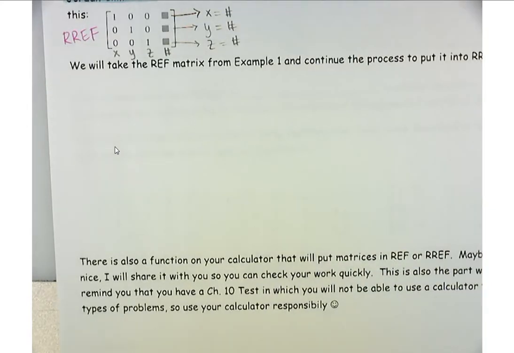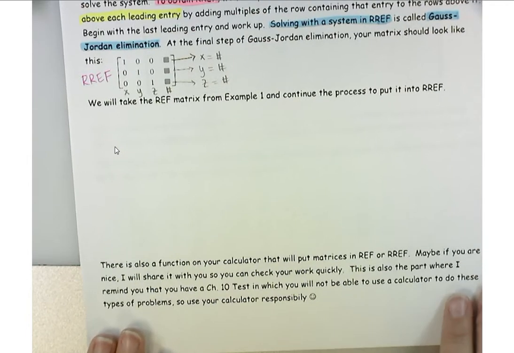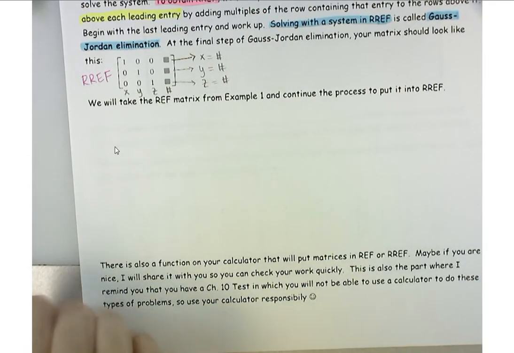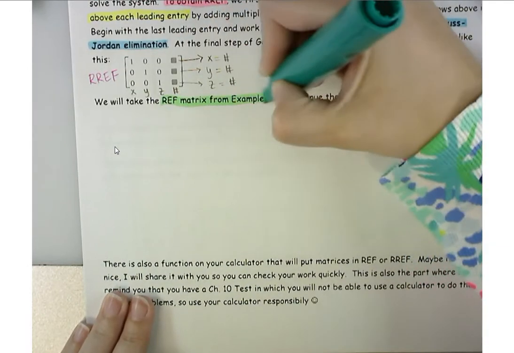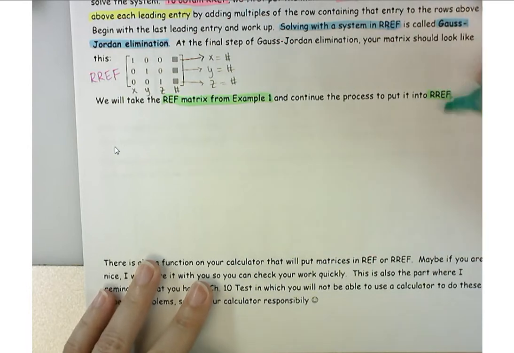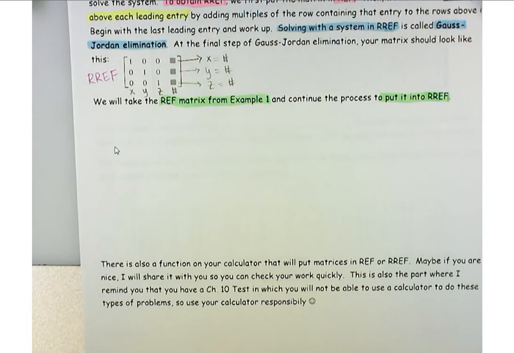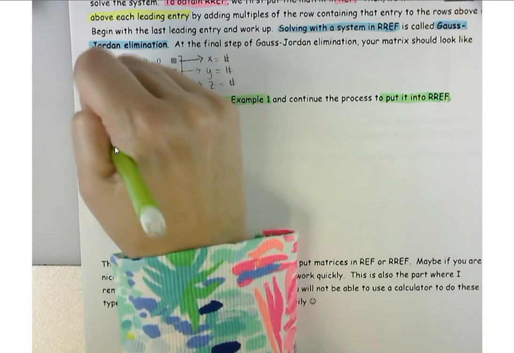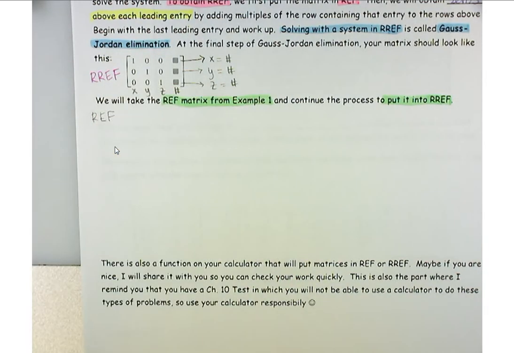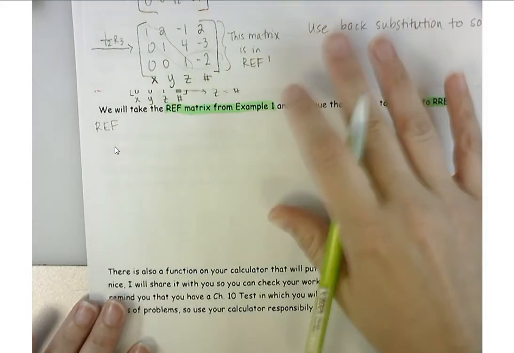We're going to take the matrix from example 1 and continue the process to put it into reduced row echelon form. Let's look back to our row echelon form matrix, which I have right here.